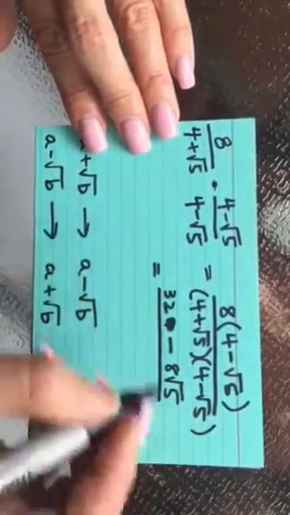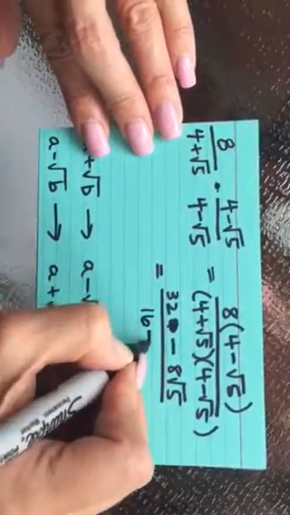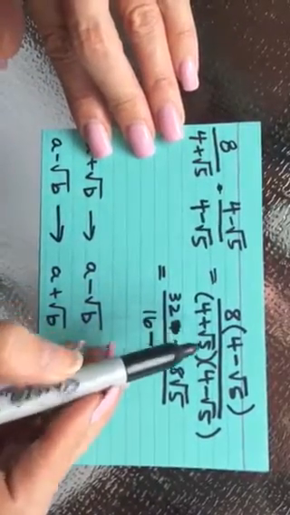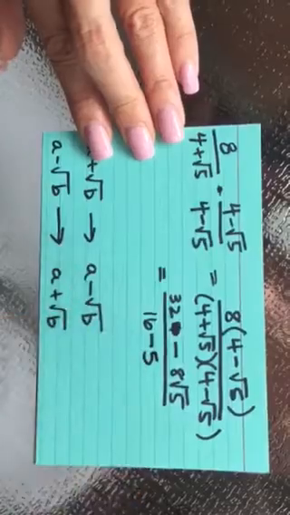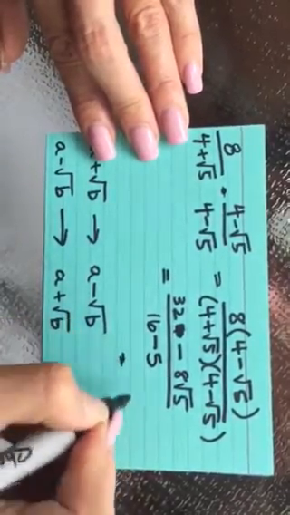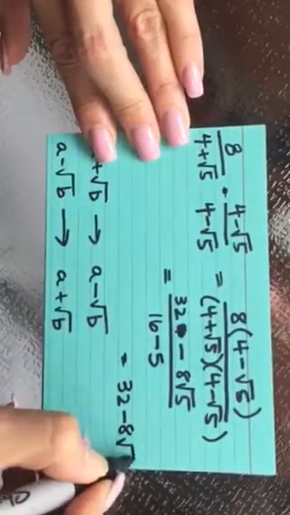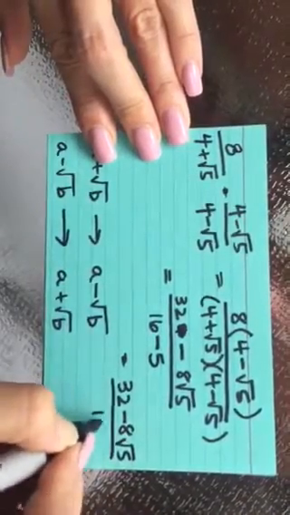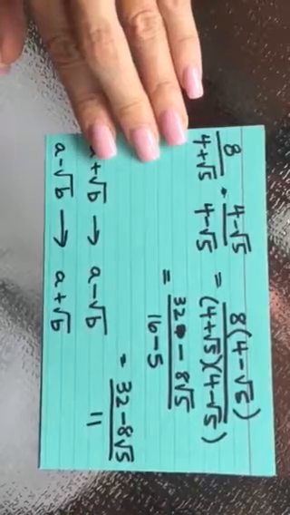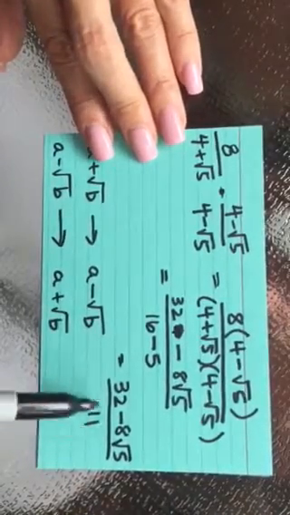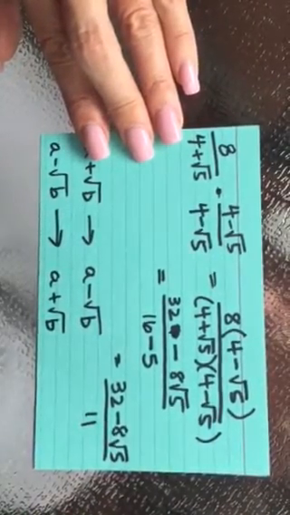So A being 4, that would be 16 minus B squared. The square root of 5 squared would be 5. So now we've got 32 minus 8 radical 5 all over 11. And you see there's no radicals in the denominator anymore, and this is fine.